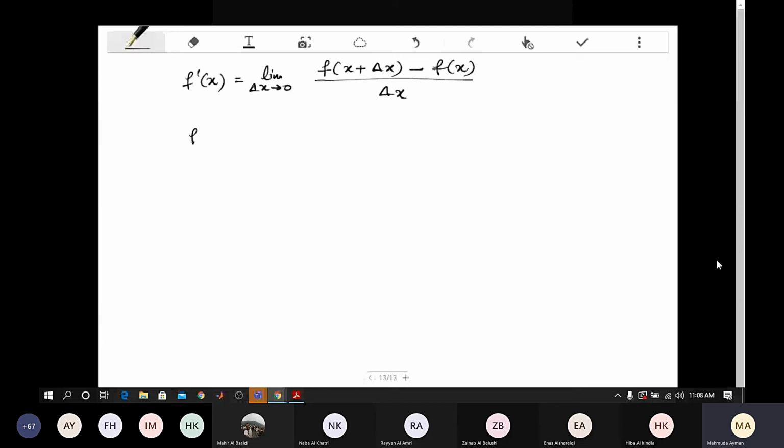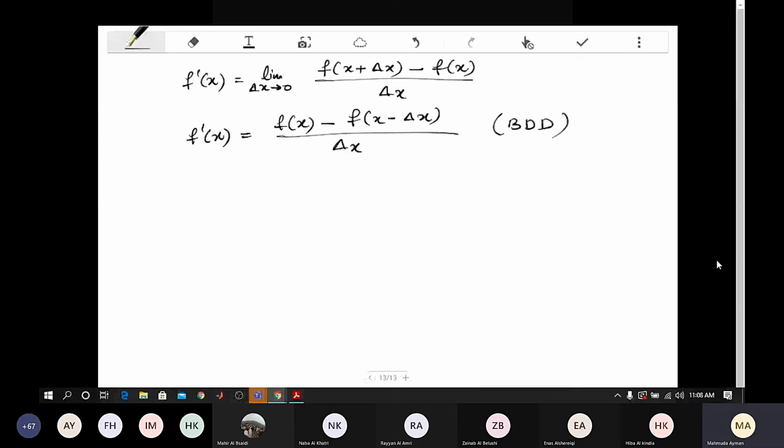So we'll get for f dash of x the rise, which is f of x minus f of x minus delta x, divided by the run, which is delta x. And this is the formula for the backward divided difference.